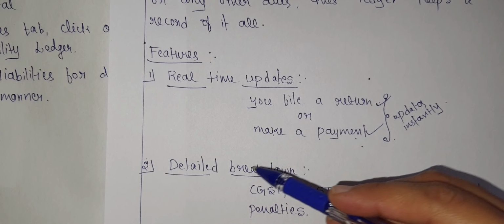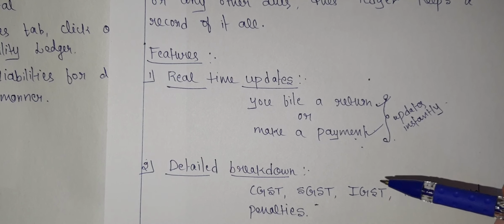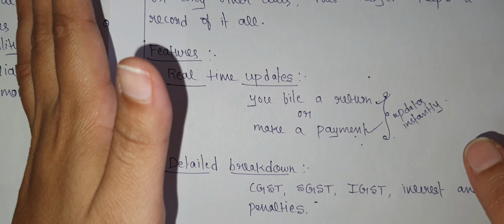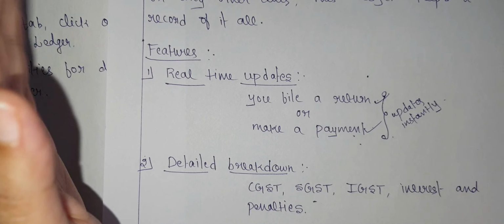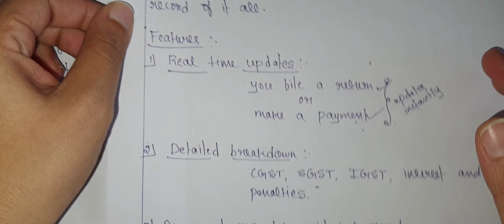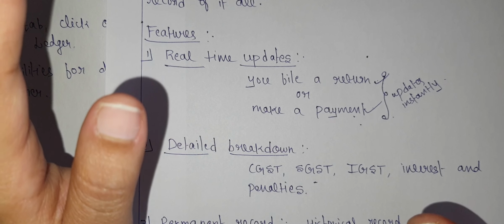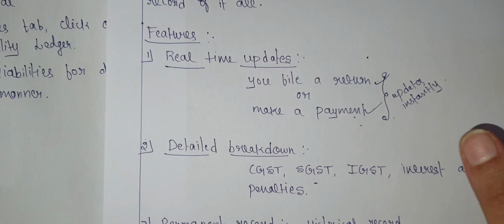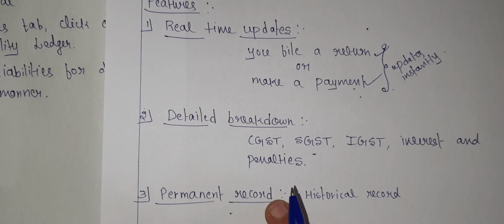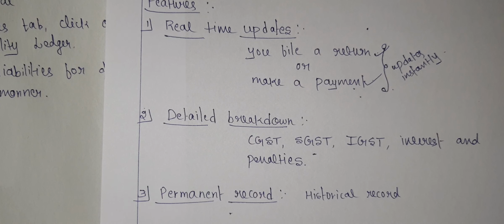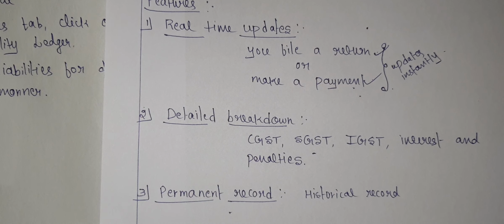And second one is detailed breakdown. It shows a breakup of all your liabilities like CGST, SGST, IGST, interest and penalties. And third one is permanent record. It serves as a historical record of all liabilities for future reference.